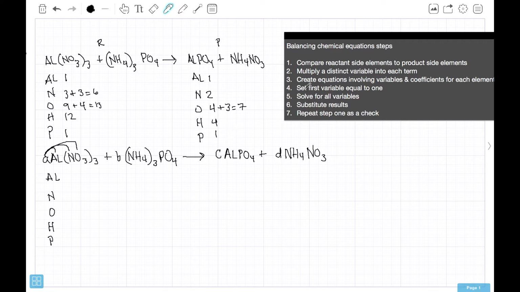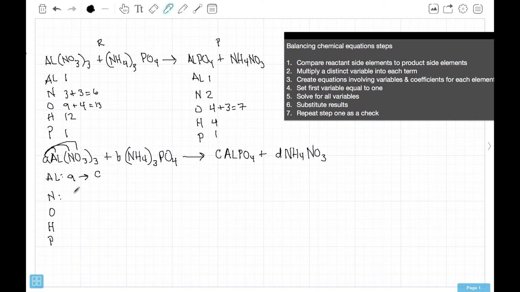So like I did up top, I'm going to consider each element separately. And right now we're on the step that says create an equation involving variables and coefficients for each element. So what that means is A multiplies into aluminum 1 time, so we just have A. Aluminum doesn't show up anywhere else. On the product side, aluminum is being multiplied by C 1 time, so that's the equation for aluminum.